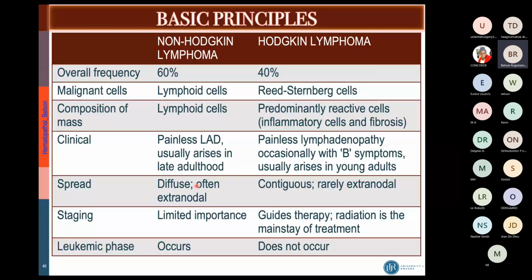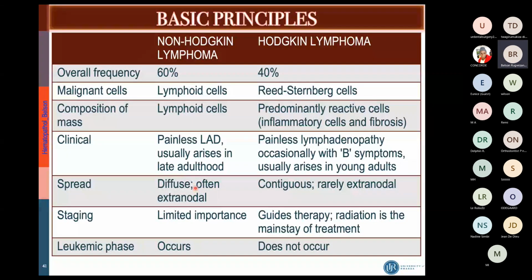The non-Hodgkin lymphoma spreads very easily. It affects many areas at the same time. So you understand that its stage at diagnosis is usually high, as compared to Hodgkin lymphoma. Usually, Hodgkin lymphoma affects one area, usually just a lymph node, while non-Hodgkin lymphoma often affects other tissues other than lymph nodes.